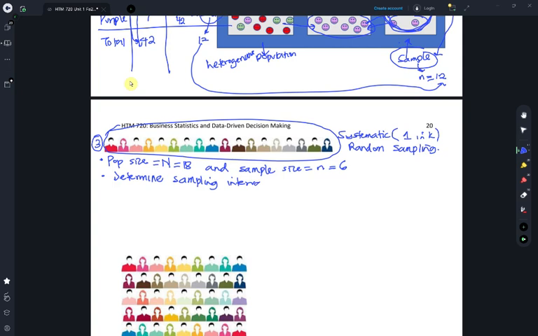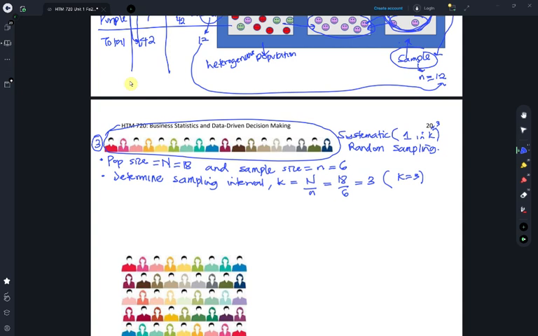My sampling interval in this case is K, and that will be population size divided by sample size. In this case, that will be 18 over 6, that is equal to 3. So my K is equal to 3. So this is a 1 in 3 sampling plan. In other words, I plan to select 1 in every 3.